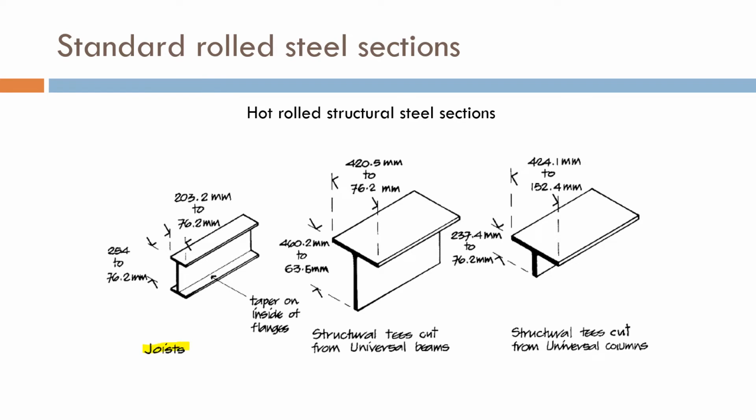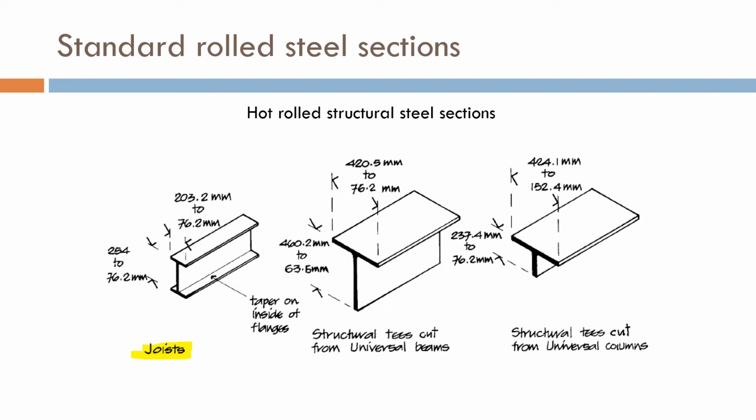These are joists. These are smaller members which are used in floor construction or in making smaller beams, or having a center to center distance between an array of beams which are placed maybe in a smaller span.